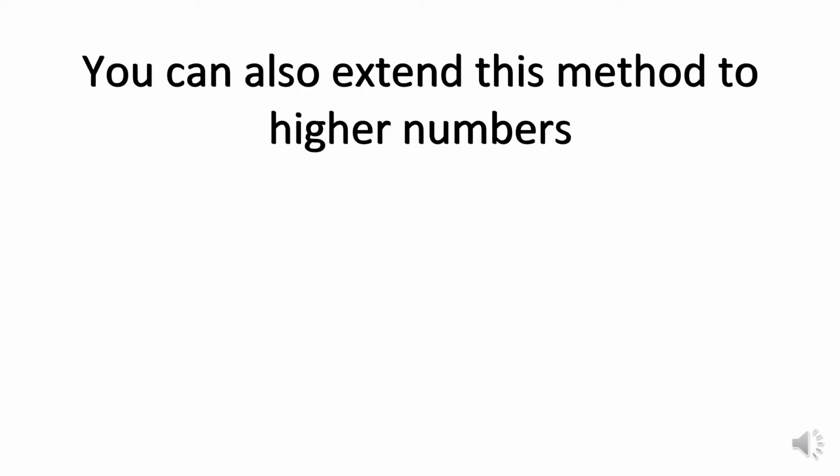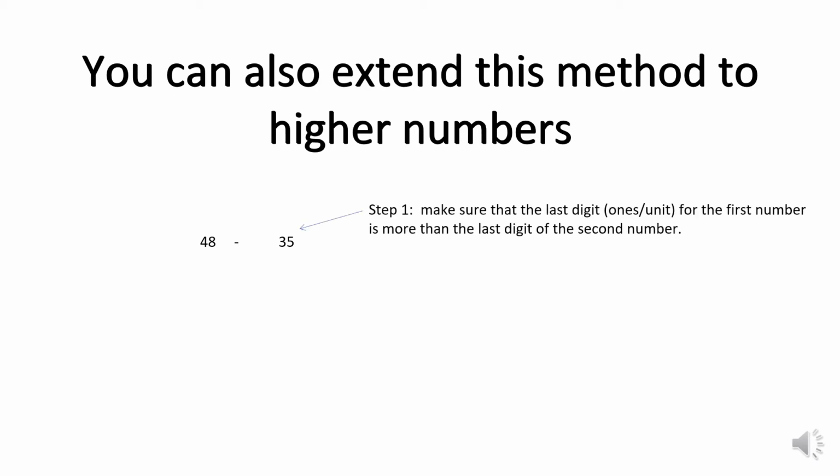You can also extend this method to higher numbers, for example 48 minus 35, which are very large numbers. The first step is to make sure that the last digit of the first number, in this case 48, is larger than the last digit of the second number. So in this case 8 should be bigger than 5, which it is. Step 2, we just minus the last digit.